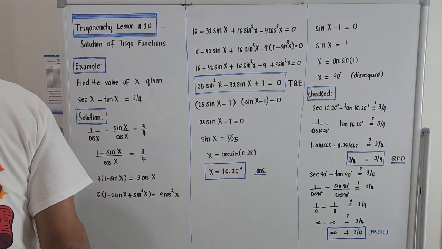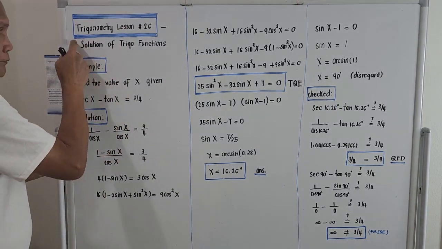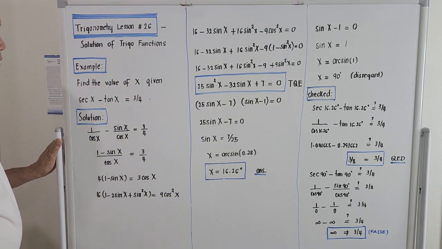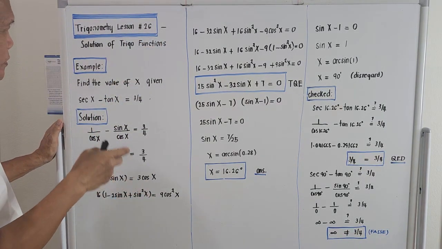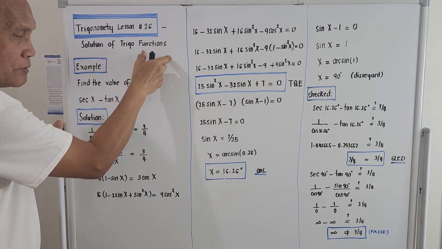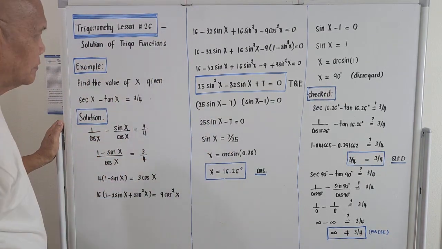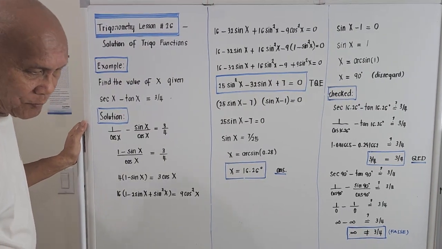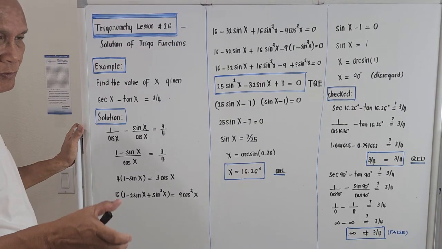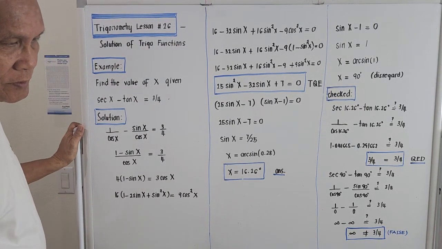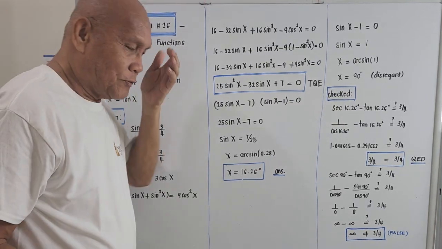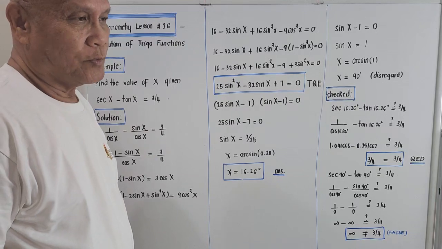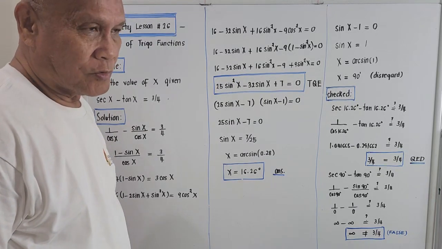The subject matter for this morning will be trigonometry, lesson number 26. The title of the topic will be Solution of Trigo Functions, meaning trigonometric functions or equations. I will try to give you one example problem just to illustrate how to solve trigonometric functions. In the study of algebra, we are given an algebraic equation and asked to solve for the roots.